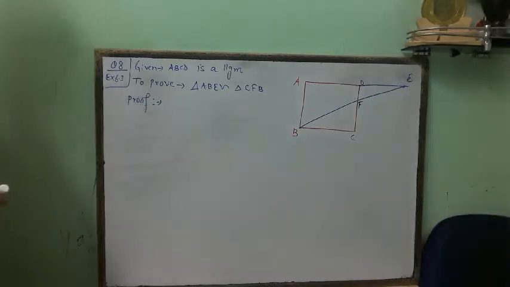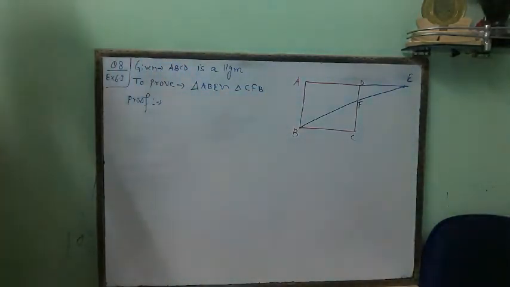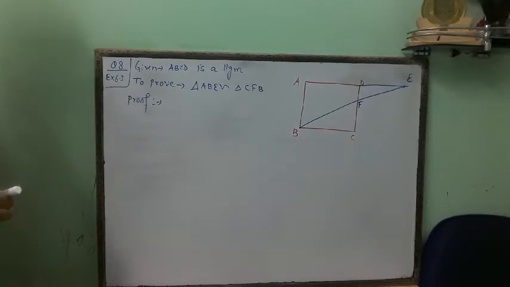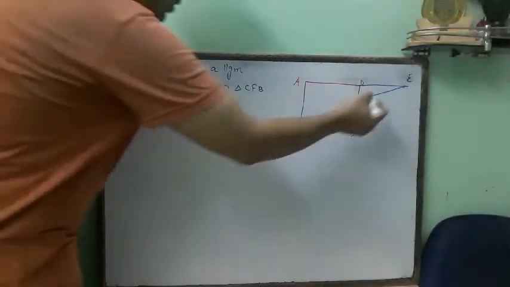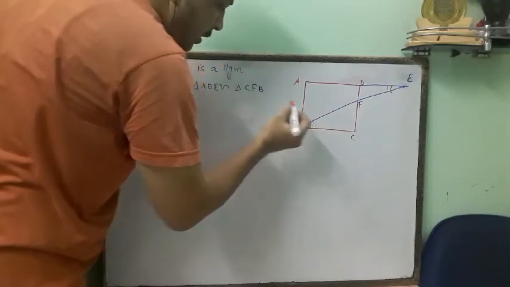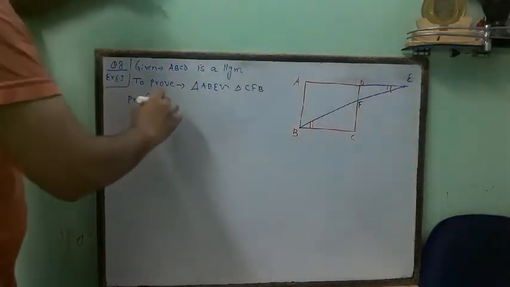For this, you know that the opposite angles of a parallelogram are equal, so angle A will be equal to angle C. And AE is parallel to BC, so this angle will be equal to this angle as alternate angles, so these triangles will be similar. So let's start.